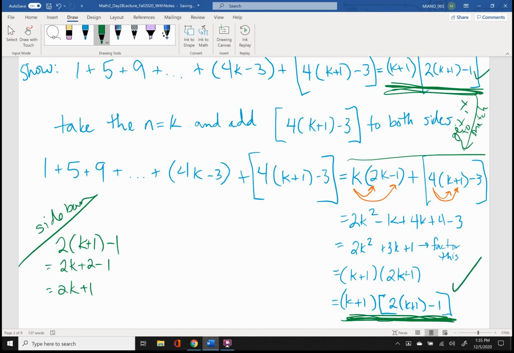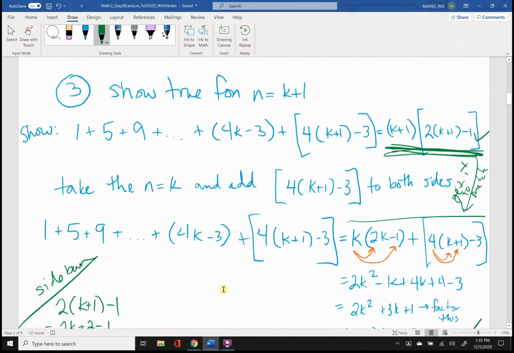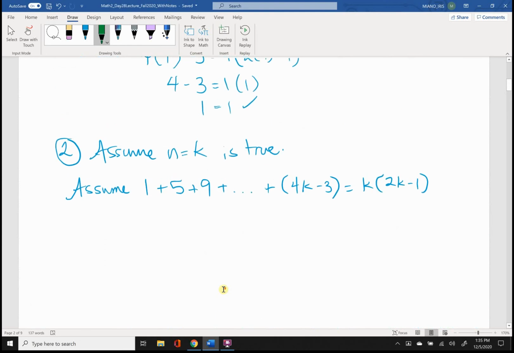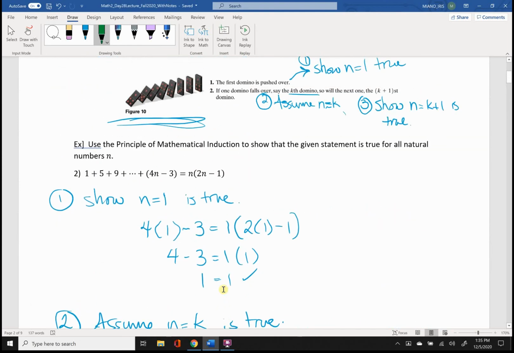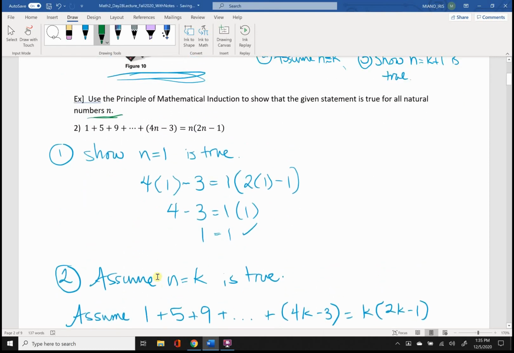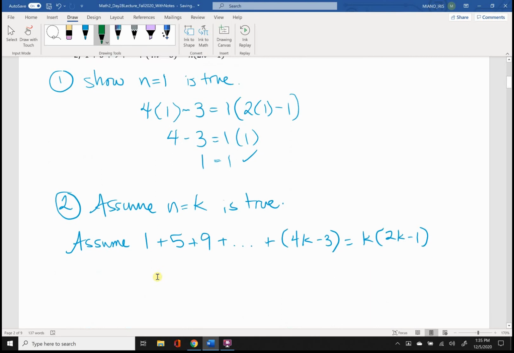Okay, so therefore we would be able to conclude that the original relationship is true for all n values. Okay, again, let me just reiterate the process. We showed it was true for n equals 1.